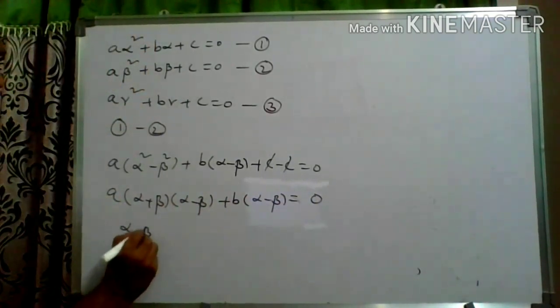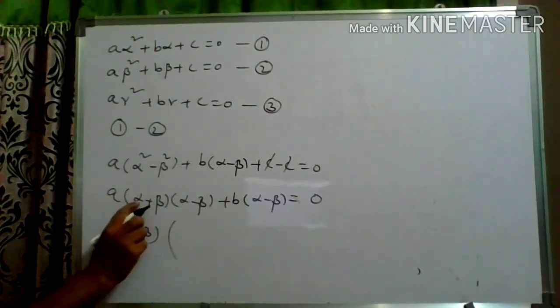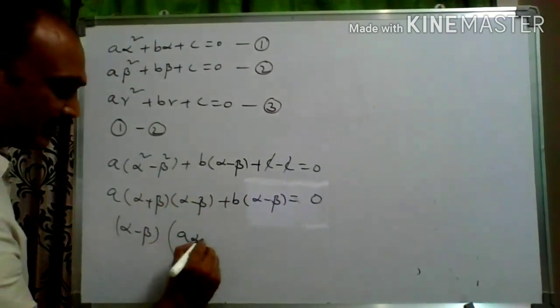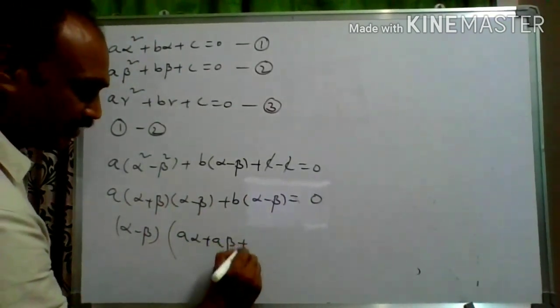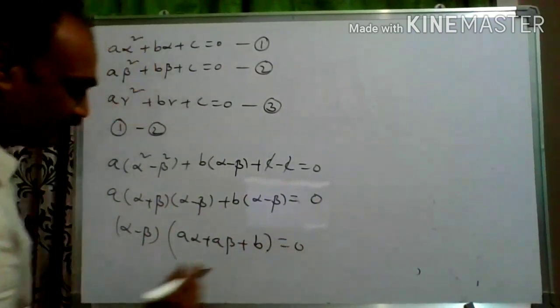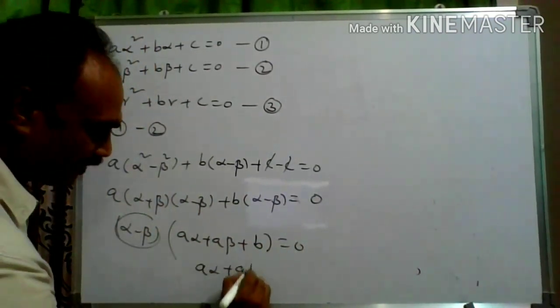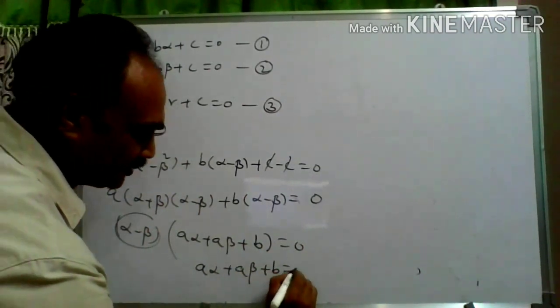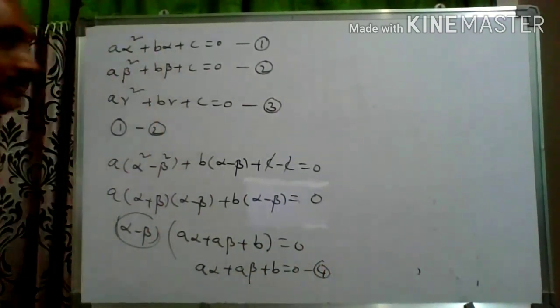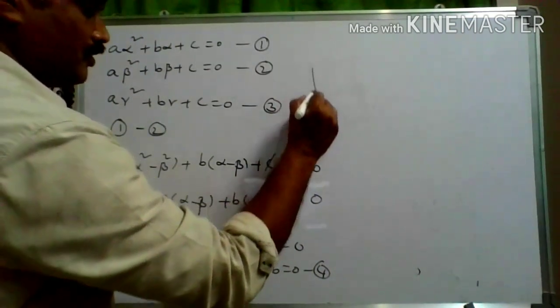Taking alpha minus beta common, here a into alpha plus beta, a alpha plus a beta plus b is equal to 0. So alpha minus beta is not equal to 0. a alpha plus a beta plus b is equal to 0. This is equation number 4, students.